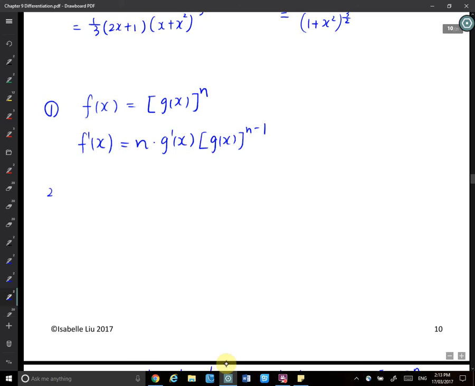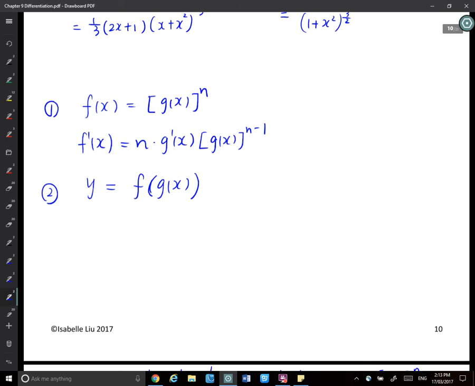The second important chain rule formula will be y equals f(g(x)). Put one function into another function, and I can't really tell what the functions are. The function is not to the power of n. It can be put log into quadratic, put cube root into the exponential, things like that.